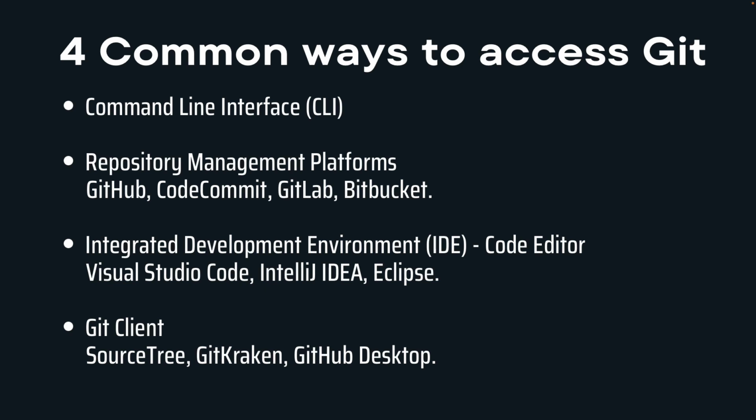So far we have seen first 2, command line interface and repository management platform, and in repository management platform we saw GitHub and CodeCommit. These methods cater to different preferences and workflows, and developers often choose the one that aligns with their proficiency and specific project requirements.